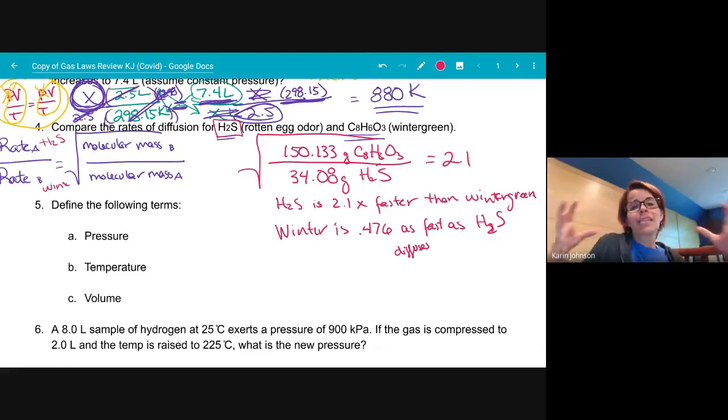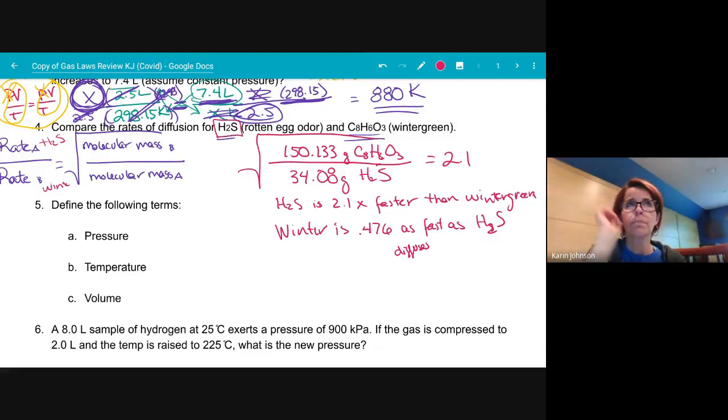And then volume is the amount of space occupied. I wrote that backwards on my answer key. I'm a little bit embarrassed. So sorry about that. One more time: volume is the amount of space that's occupied. Temperature is how fast those molecules are moving. And then pressure is the force of those molecules hitting it harder.